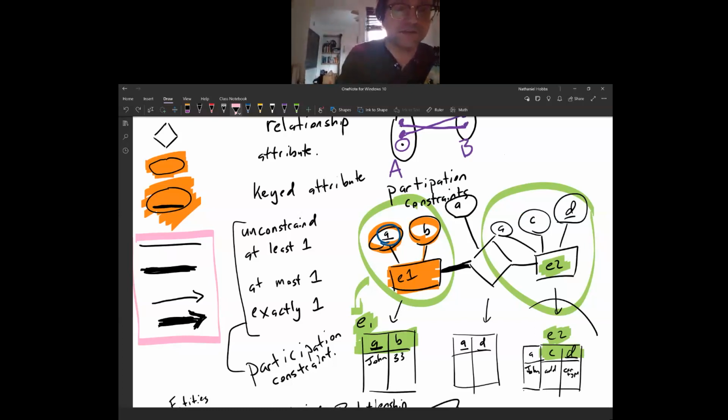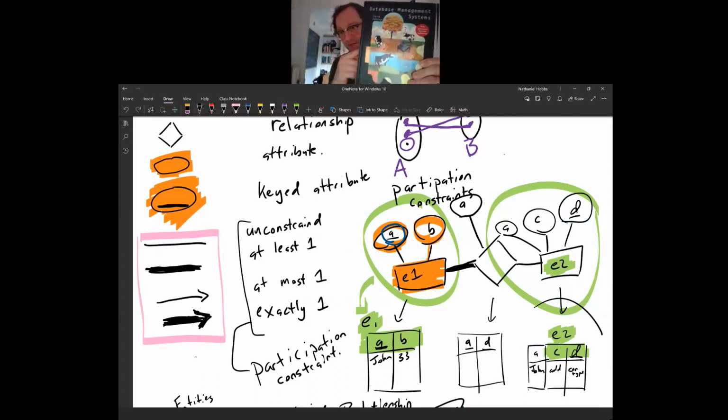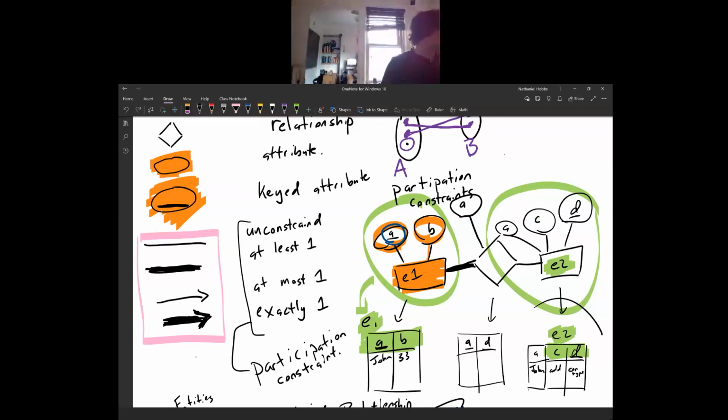Other ones that you might see would have lines with a number or something like that. Whatever. The ER diagrams that I'm teaching are based off of this book that's on our course syllabus that you can also use as a reference for this course. You can also find a free PDF version of it online.